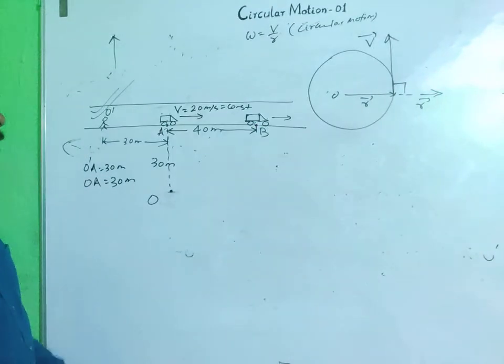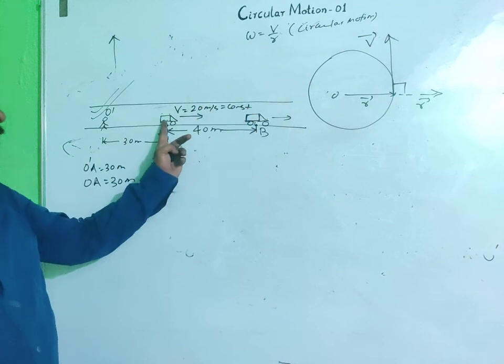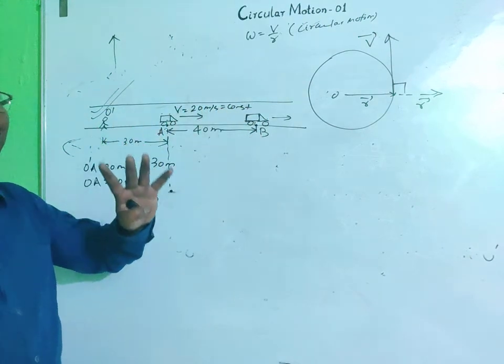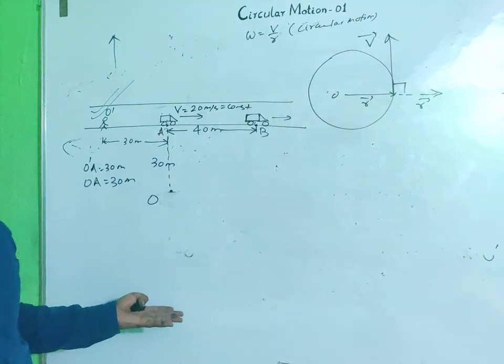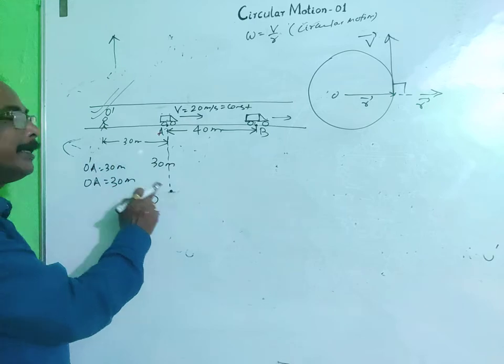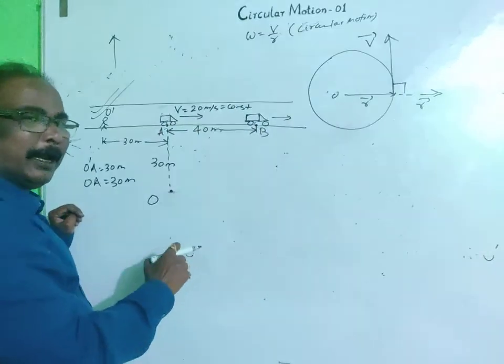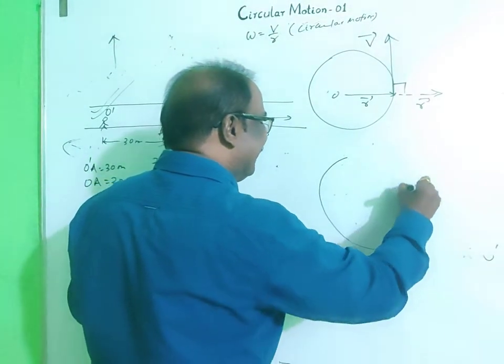Is it clear? For observer O dash, the body has covered a distance of 40 meters with a linear speed of 20 meter per second along a straight line. But this is interesting.